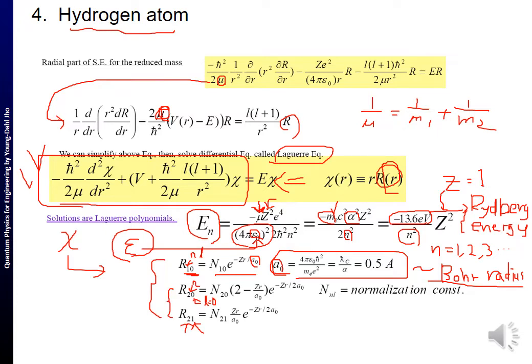And the large N depends on n and L. It is a normalization constant. It might look complicated, but still it is okay. It is already listed in your tables always. And if you remember the structure of the energy, it is good enough.